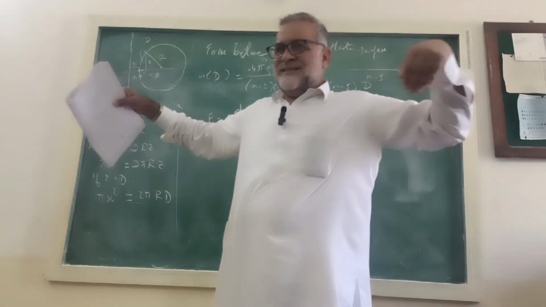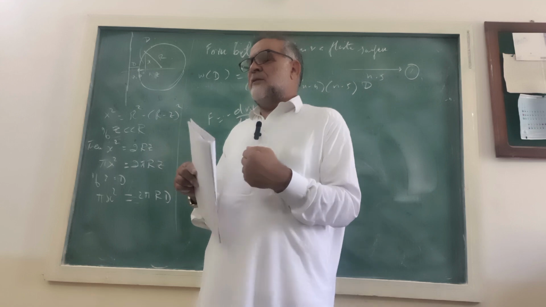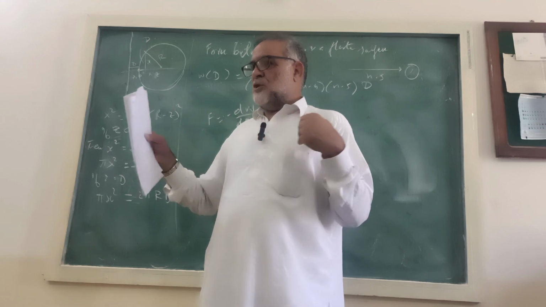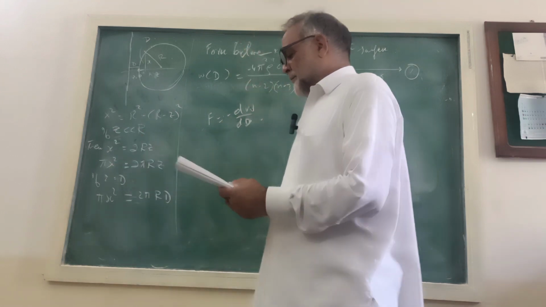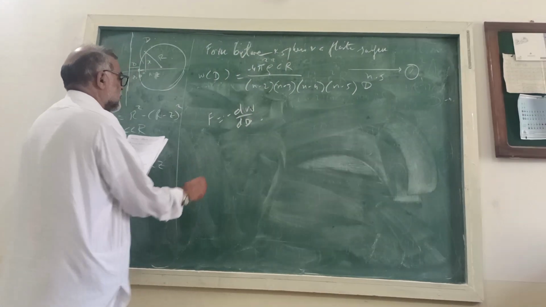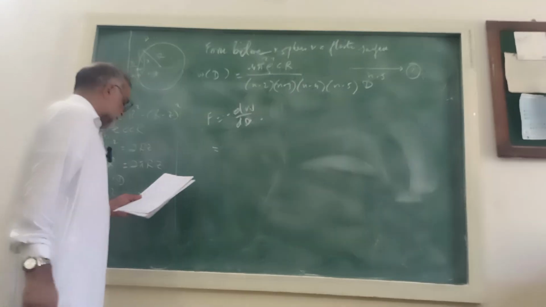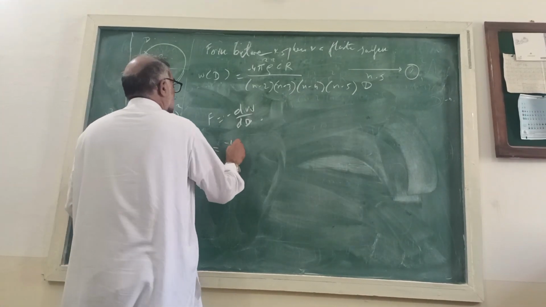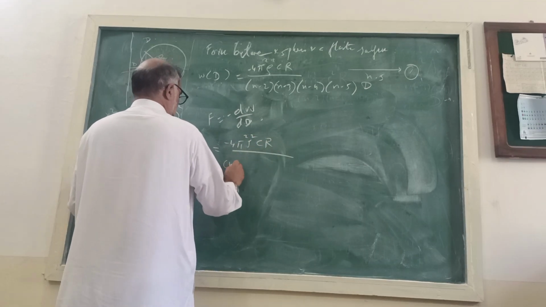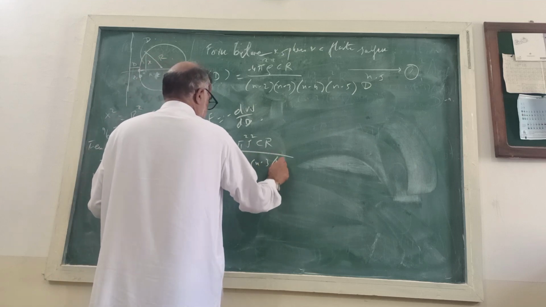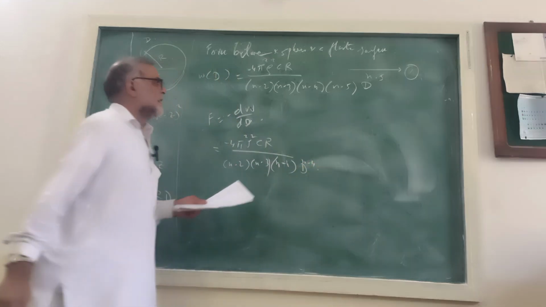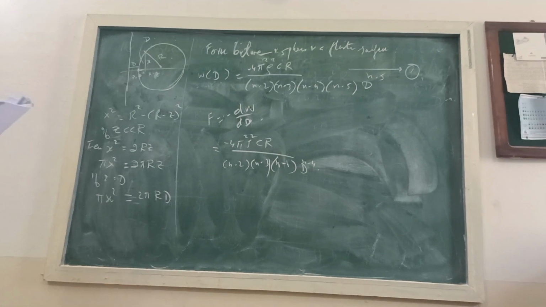When you want to find the force, you differentiate the energy with respect to the separation. So we get minus 4 pi squared rho squared C R over n minus 2, n minus 3, n minus 4, and D to the power n minus 4. N minus 5 converts to n minus 4 by differentiating.